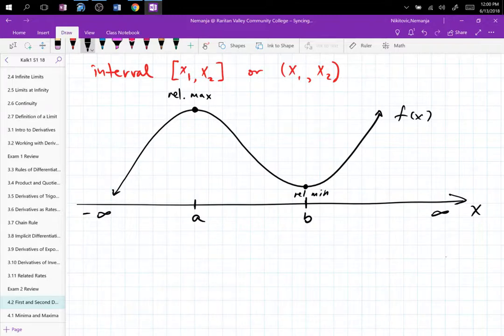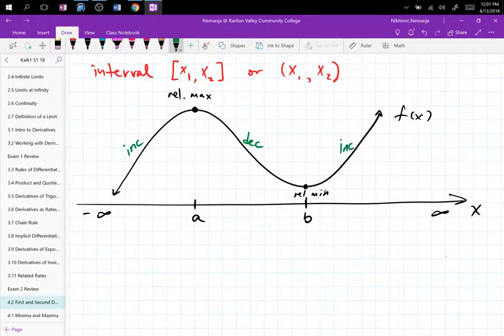Now, we read from left to right. Therefore, we are going to read this graph from left to right. So imagine yourself walking from left to right. What do I have? Over here, I have the increase, then I have a decrease, and then I have the increase again.